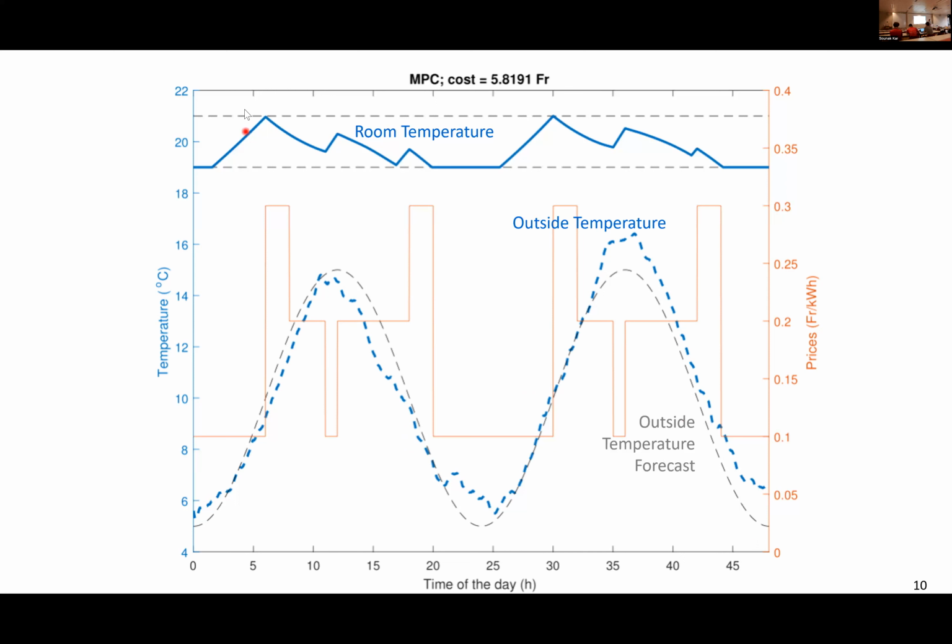Now we see here the room temperature, on which we can indirectly read the actions we took. So we see that here the penalties were set between 19 and 21. And we see that we never violate the limits because the cost we put on violating them was probably large enough. Now that's a simplified case where I don't care about the temperature at night and day.